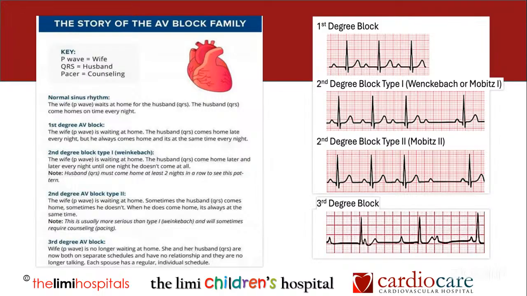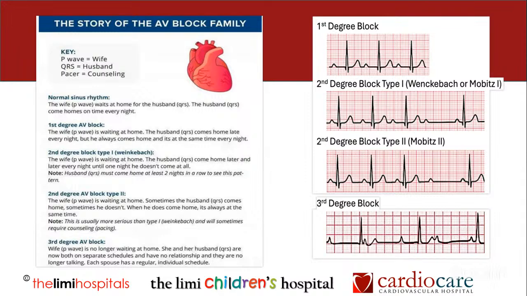In the second degree type 2, the PR interval is constant, but it just gets to a point that the guy refuses and decides, I'm not coming home again. So the wife is at home, and sometimes the husband just decides to come. But anytime he comes home, it is at the same time. So the PR interval is constant until you get to a point when you have a P wave and there is no QRS complex.